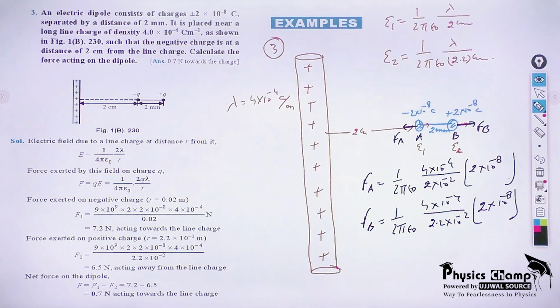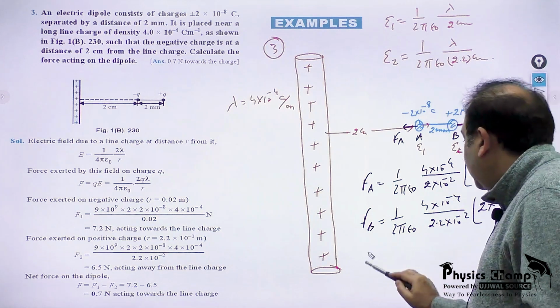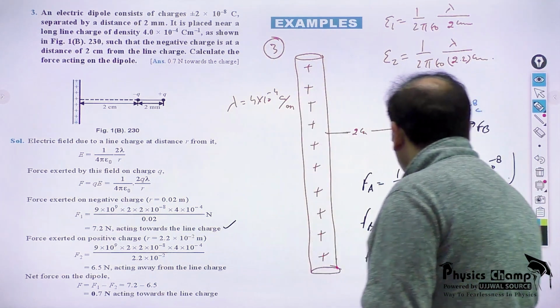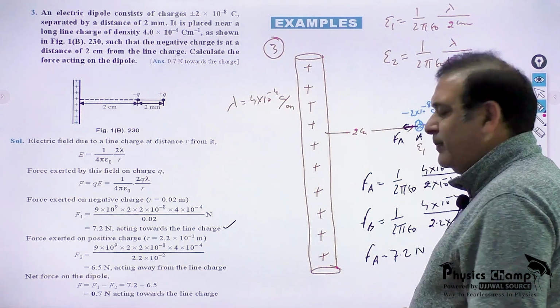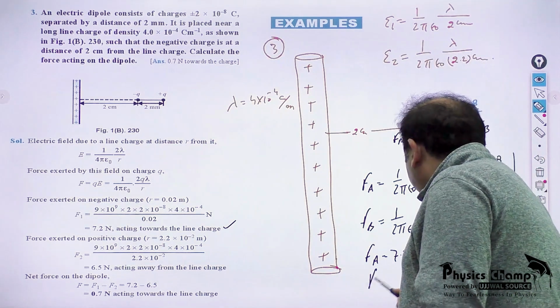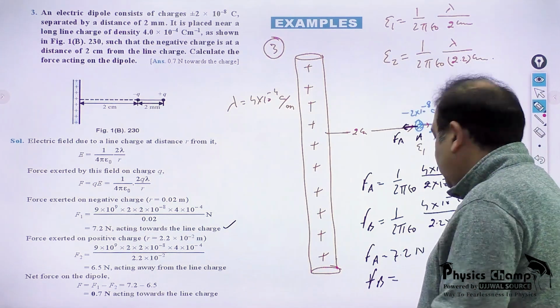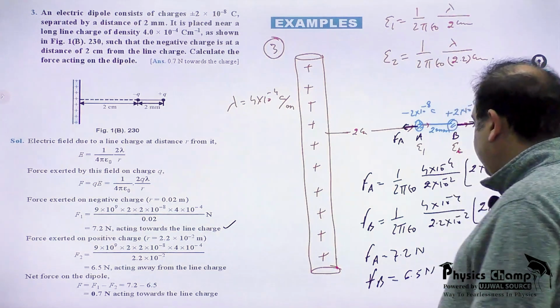So the value of FA comes out to be 7.2 Newton and it is towards left. The value of FB, with 2.2 into 10 to the power minus 2, comes out to be 6.5 Newton and it is towards right.